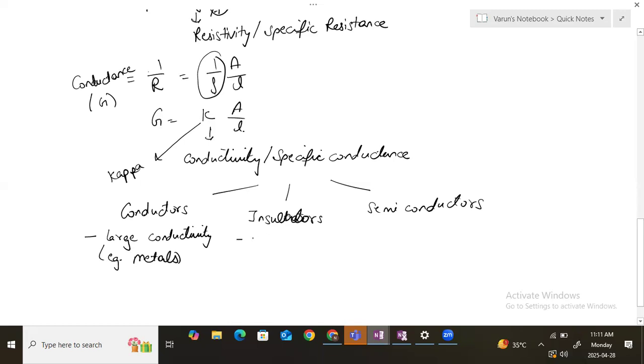Insulators do not conduct electricity, which means their kappa is very, very low. Examples: glass, wood, plastic.